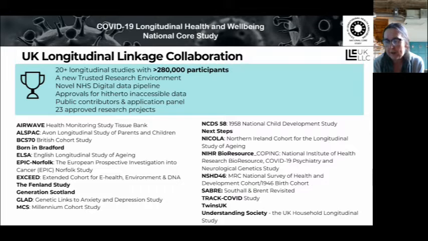There's a novel NHS digital data pipeline in place, where the NHS data are updated every 6 months or annually, depending on which data. And there are over 20 participating longitudinal studies, which are shown here on this slide. I won't read them out, but you can go back and have a look.